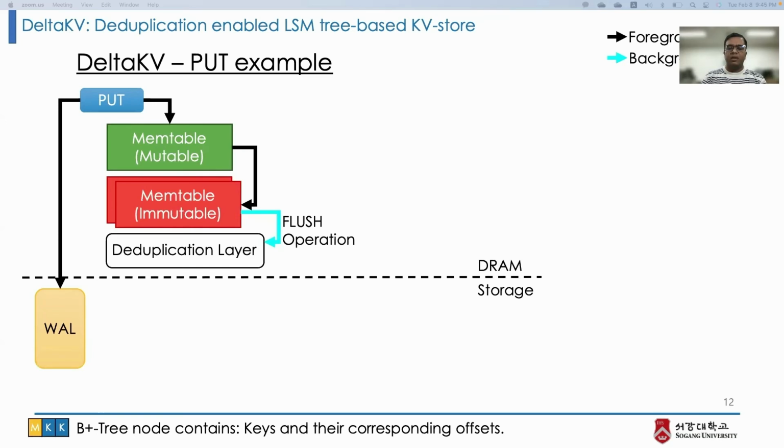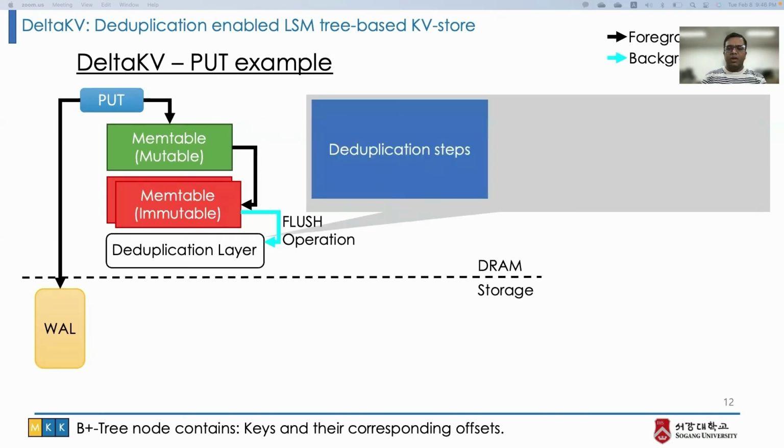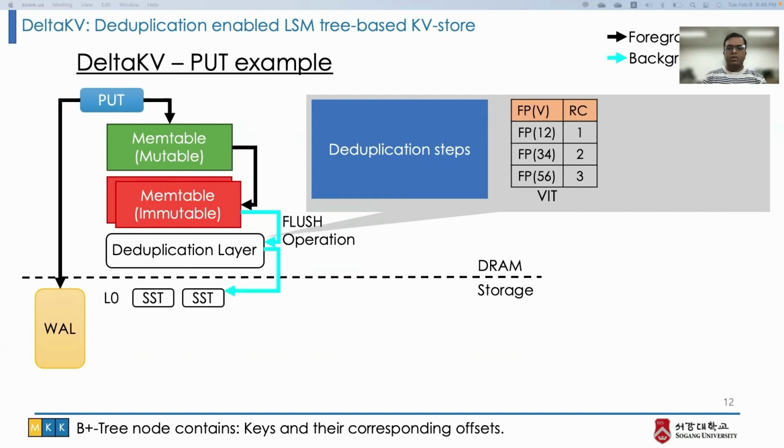From there, every key value pair goes through the deduplication layer, where deduplication steps are followed and dedup metadata is updated at the value information table, and unique values are written to level 0's SSTables. In parallel, a B plus tree is constructed following the keys and the corresponding locations of the values.